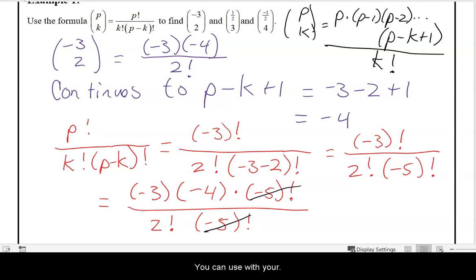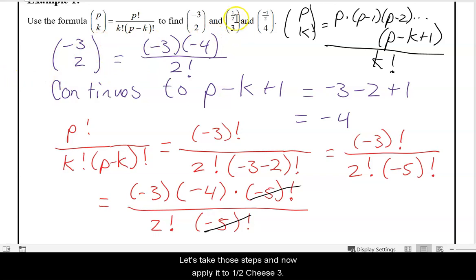You can use whichever formula you prefer, but in general, I tend to use the second one, but more as a guide, since I already know that the bottom number tells me I need 2 factors, and the first factor is always whatever the number is in the top. So this tells me start at -3 and subtract 1 from it, multiplying each factor together until I have 2 of them, and divide by 2 factorial.